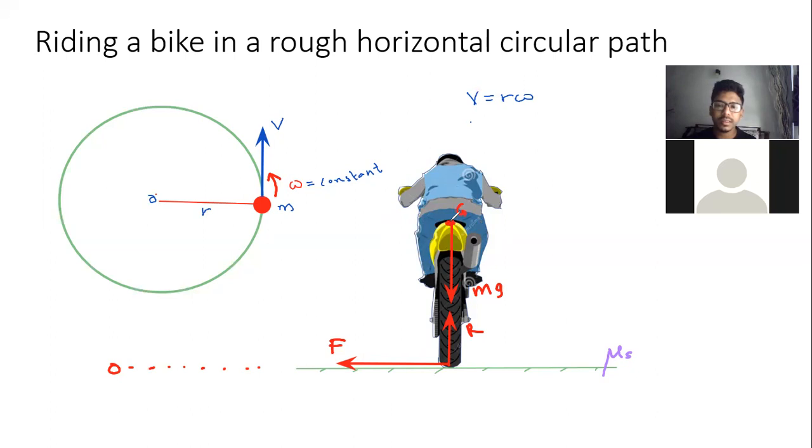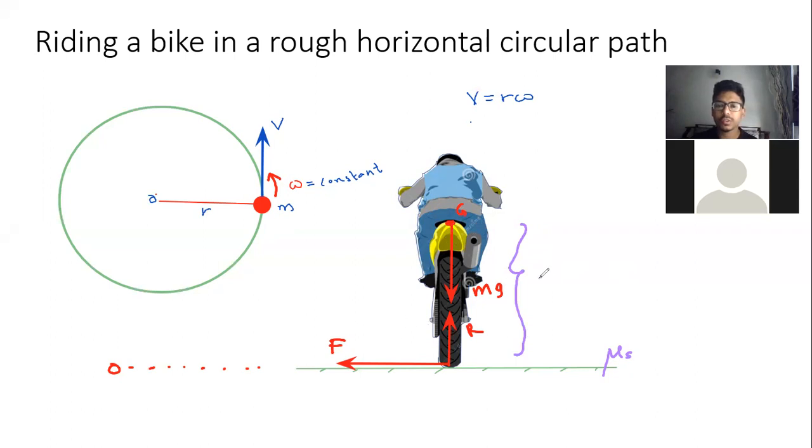If I consider the moment about this point, what would we have? The normal reaction force is acting vertically, so it won't come in. But due to this force, we have some distance from here to here, right?